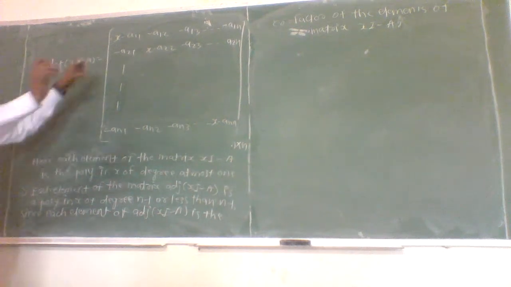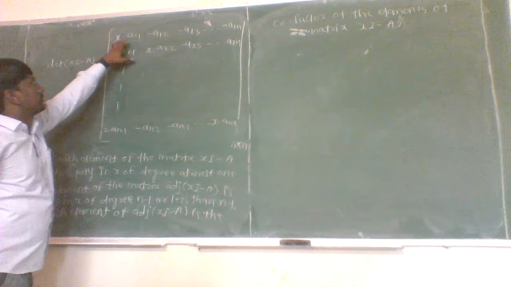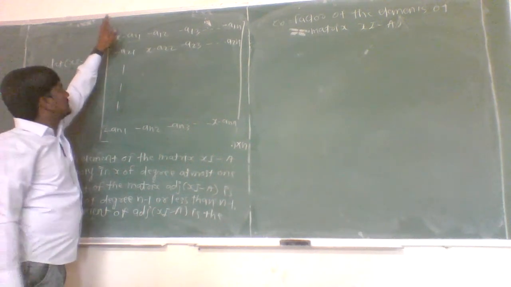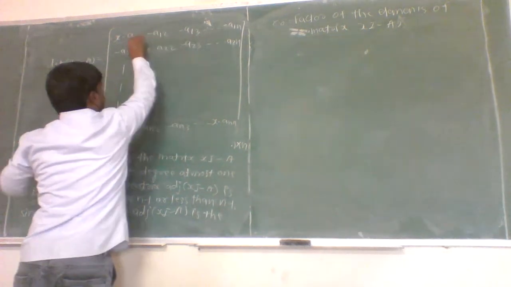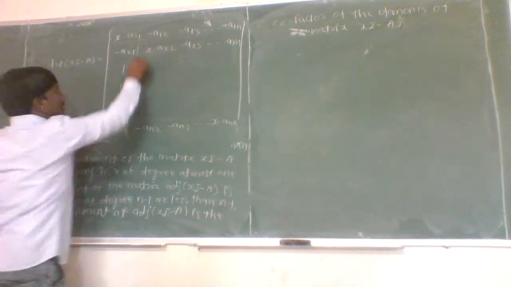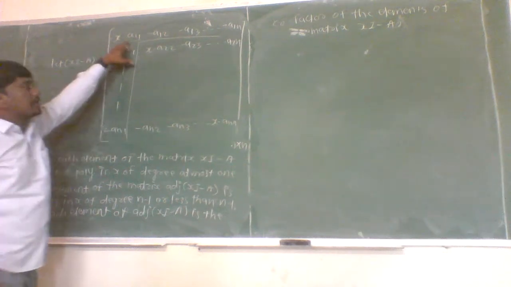And how will you find the cofactors? Suppose we have to find the cofactor of the element a11, that is the term x minus a11. Then we take the remaining minor, and in this way we find the cofactor of the element a11.